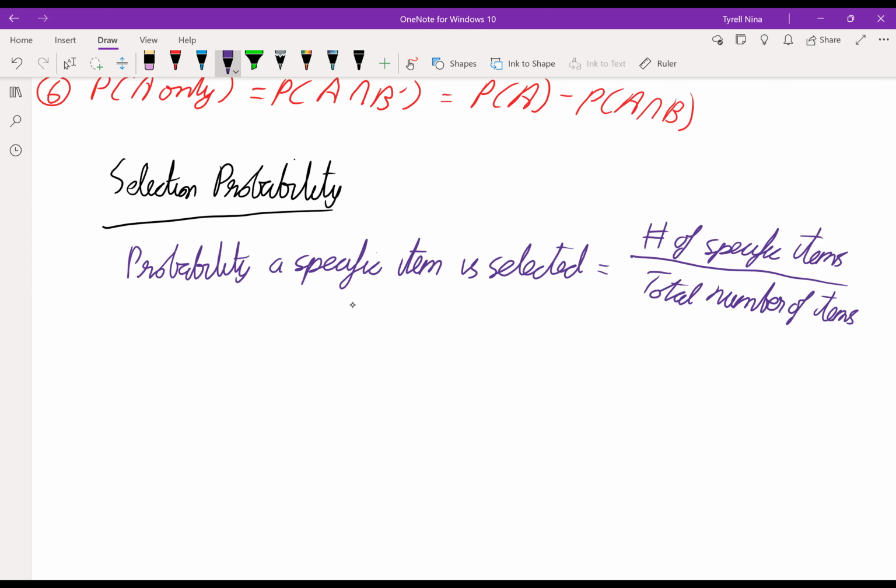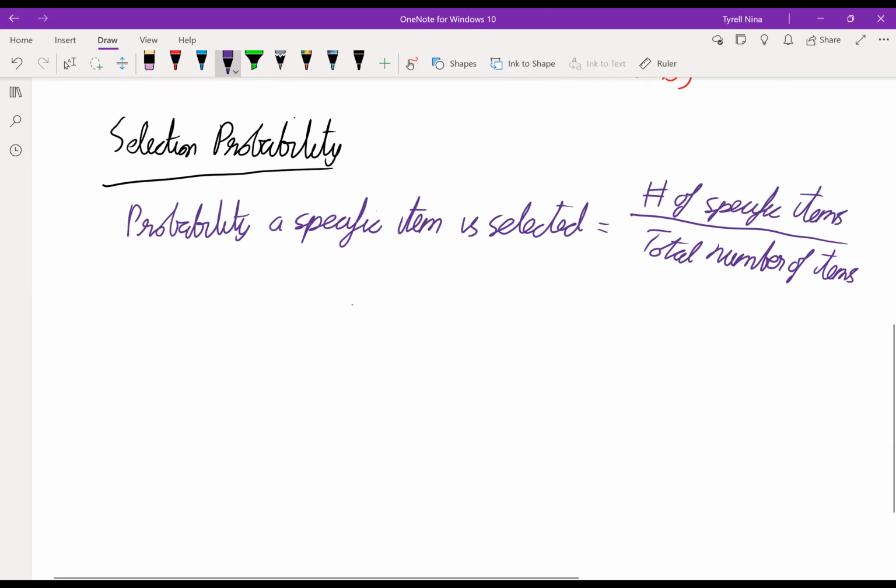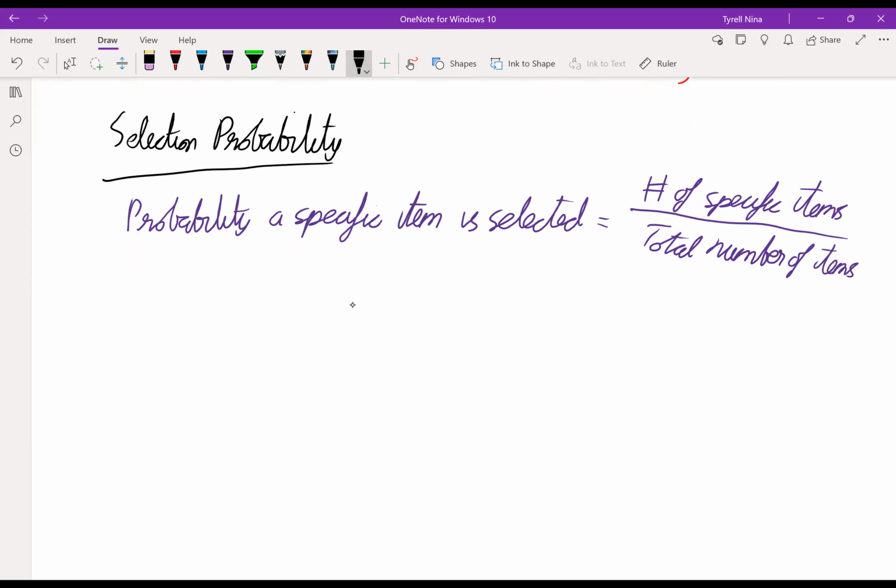So the probability a specific item is selected is the number of specific items over the total number of items.